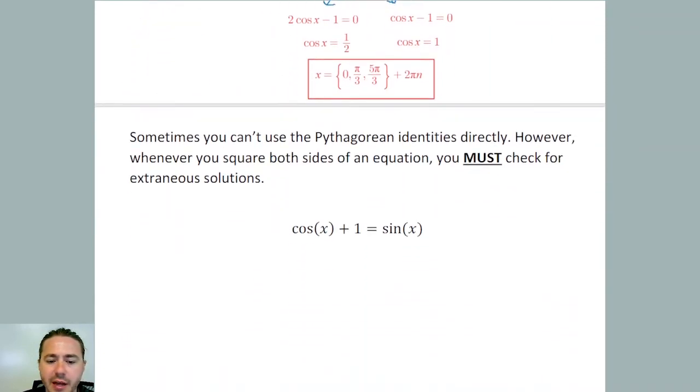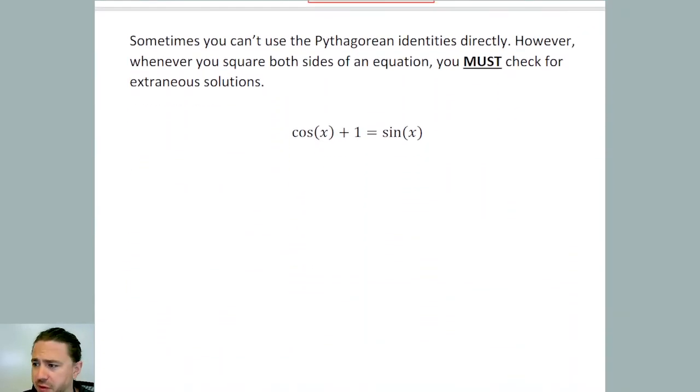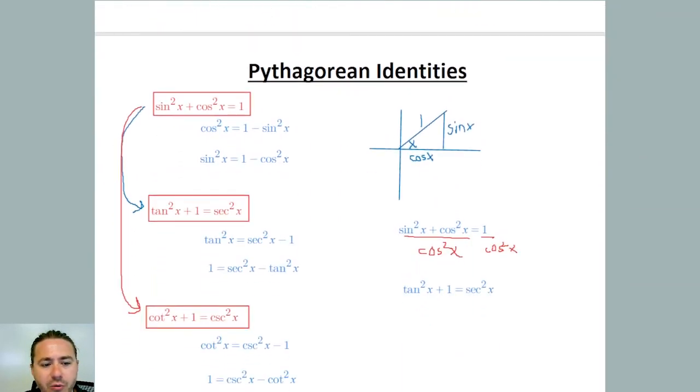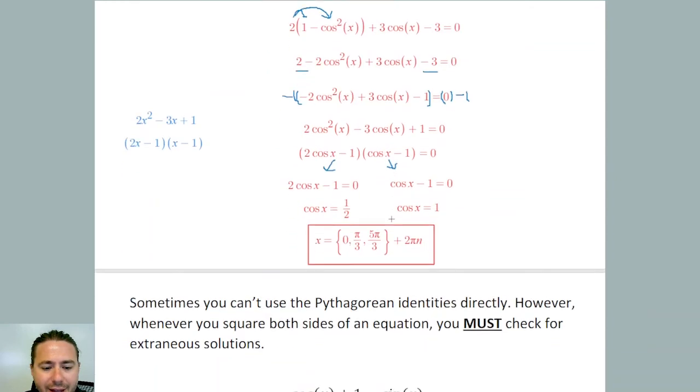Now, sometimes you can't really use the Pythagorean identities directly. So like if I want to write cosine in terms of sine or vice versa, I need it to be cosine squared or sine squared. So I can't really use the Pythagorean identities here unless it's squared.